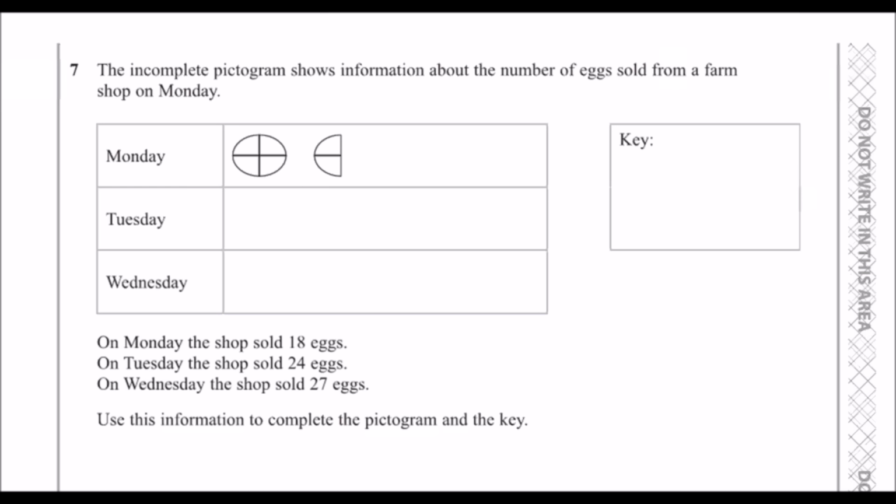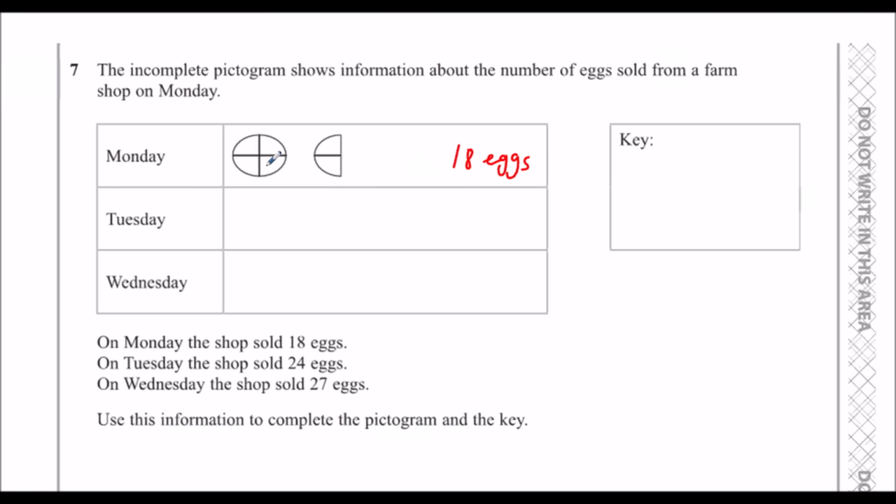Question 7. The incomplete pictogram shows information about the number of eggs sold on Monday. We know how many are sold on Monday. This is complete, the Monday part, and that's 18 eggs. So 1.5 circles is 18 eggs.